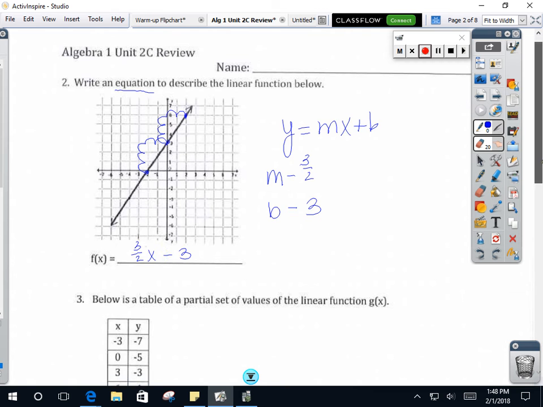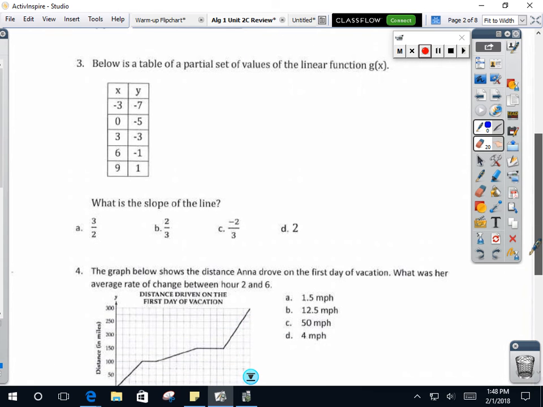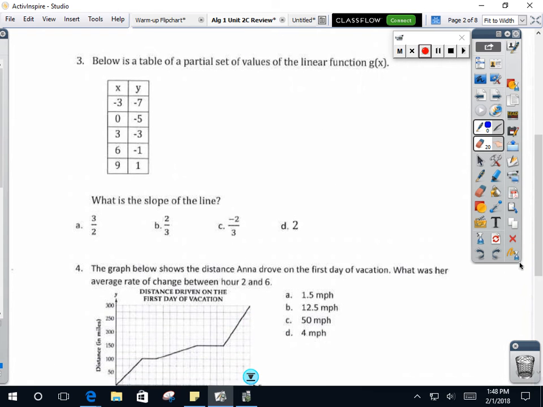All right, number 3. Below is a table of a partial set of values of the linear function g of x. Okay, so they give us a table, and they want to know the slope of the line.